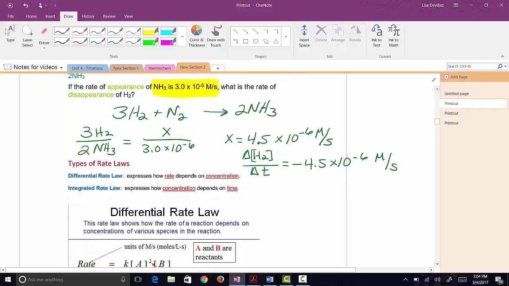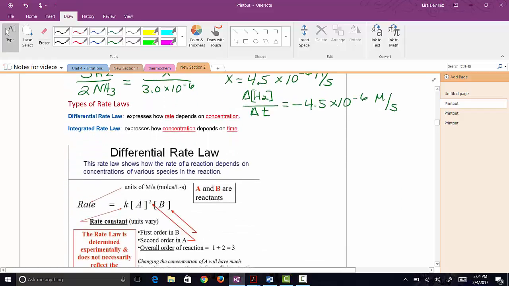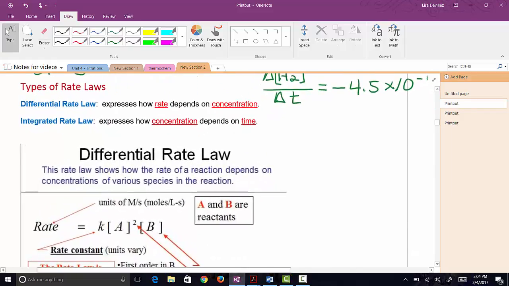Okay. So now we're going to talk about something called a rate law. And we're going to be dealing with 2 different kinds of rate laws. One is looking at how the rate of a reaction depends only on the concentration of the reactants.